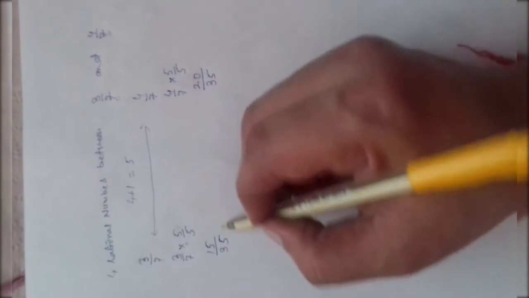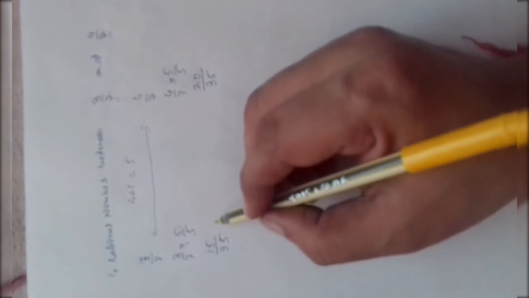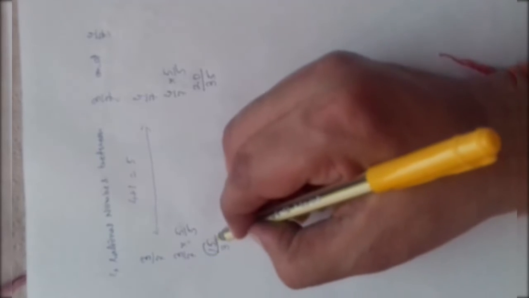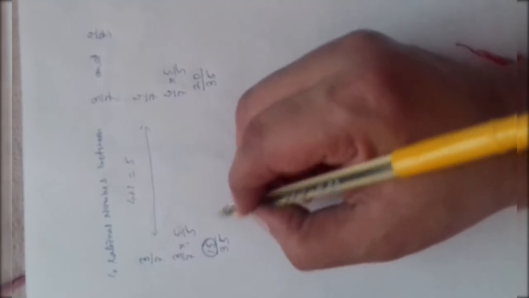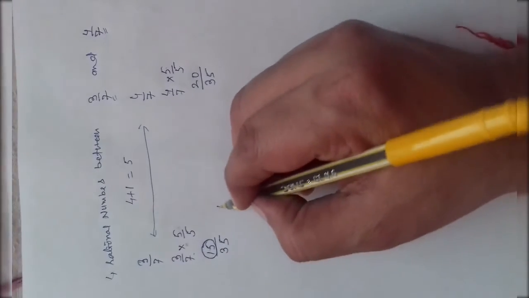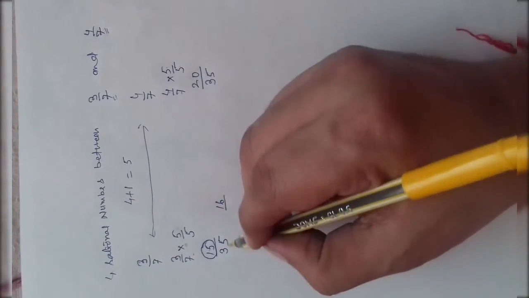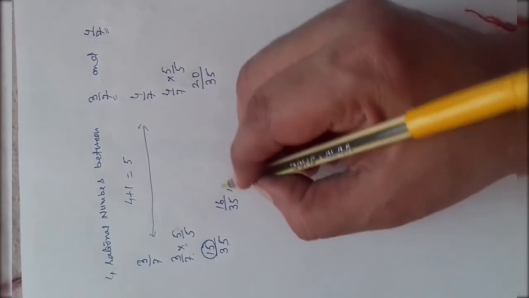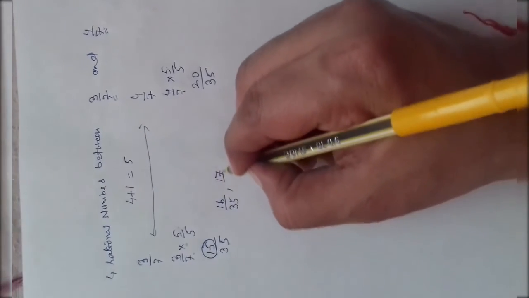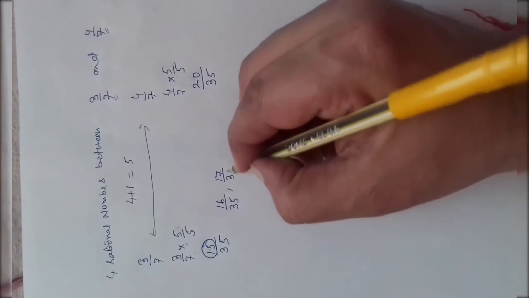Okay. Now in the same way increase this number 1 by 1. So what will we get here? 15 plus 1, that is 16, and write the same denominator 35. Also 16 plus 1, 17 upon 35.